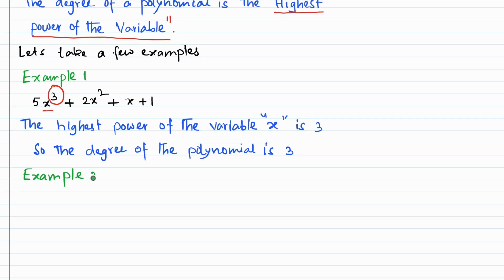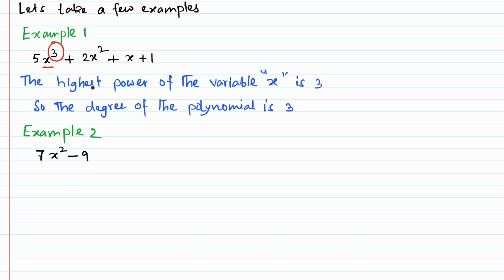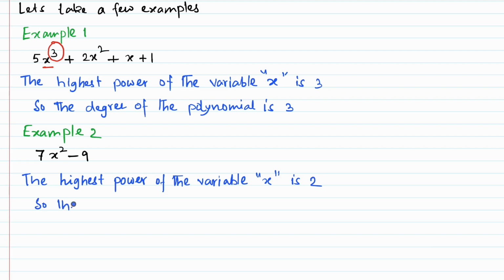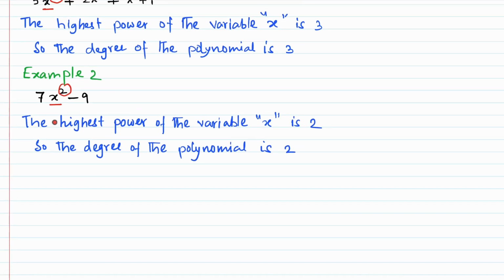Now example 2: 7x square minus 9. The highest power of the variable x is 2, so the degree of the polynomial is 2.